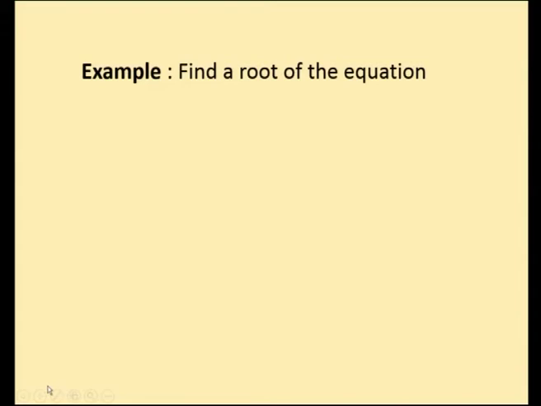Find the root of the equation f of x equal to x cube minus x minus 1 equal to 0 by bisection method.